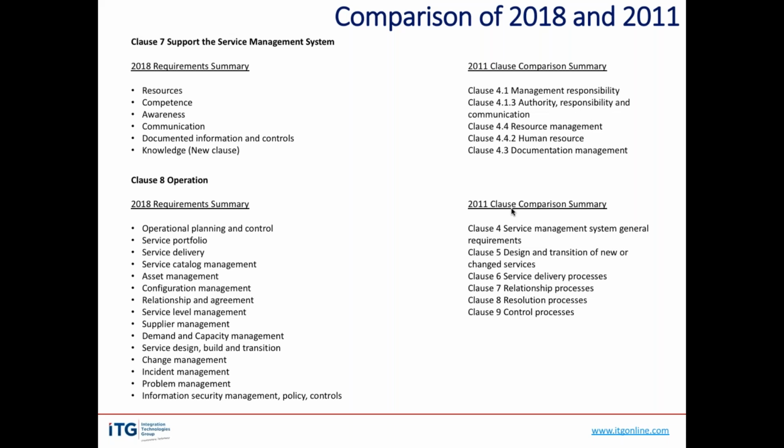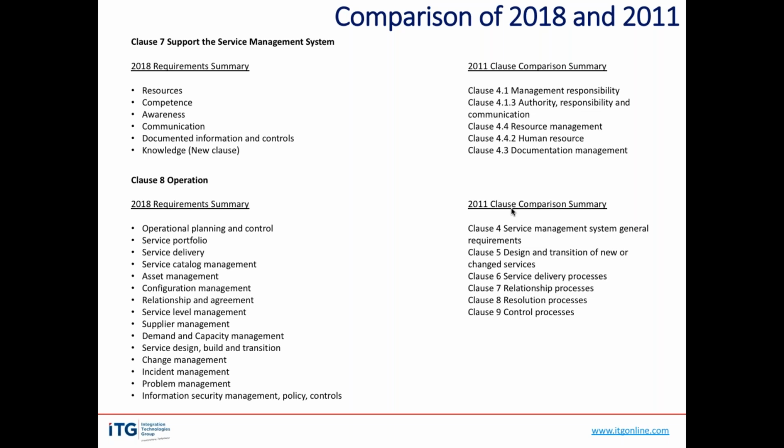The big one here, and this is what I want to spend a little bit of time on as well, is clause 8. Okay. So those of you who have a current ISO 20000 certification and are familiar with the 2011 standard, you'll know that a lot of the activity for operation is scattered through the old standard.